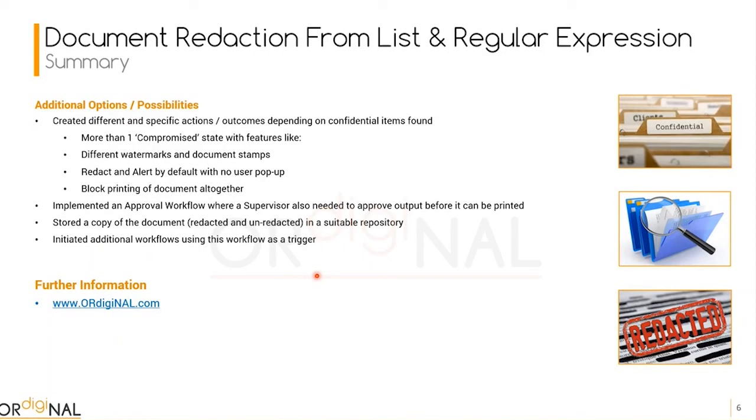We could have blocked printing of the document altogether. We could have equally introduced additional steps to the workflow. So an approval workflow where a supervisor also needed to approve the output before it was printed. We could have stored copies of the documents that were being printed, both in redacted and unredacted formats, within a suitable repository. And we could have triggered off other workflows from this particular workflow.